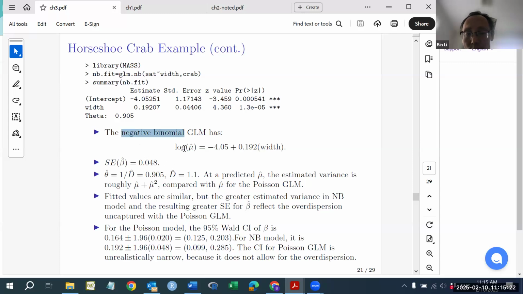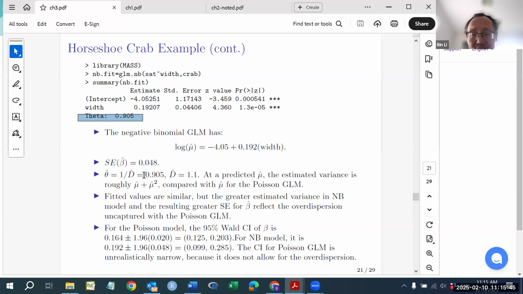So for the negative binomial, we have this model. And in the model output, there is a parameter called theta equals 0.9. So what does theta mean? Theta is 1 over the dispersion parameter d. Okay, so theta is 0.905.